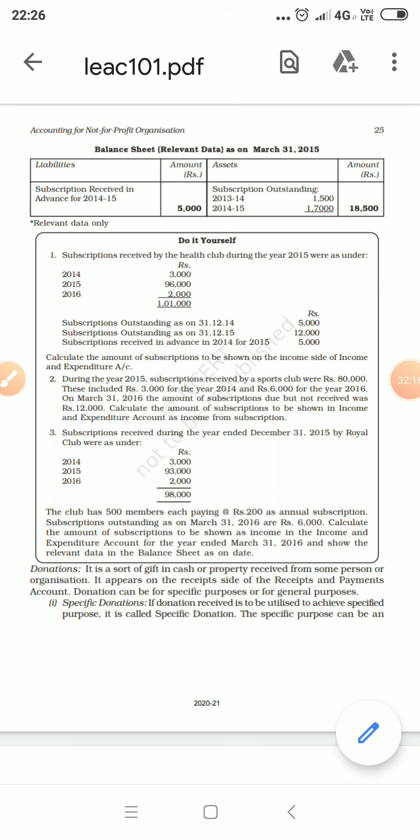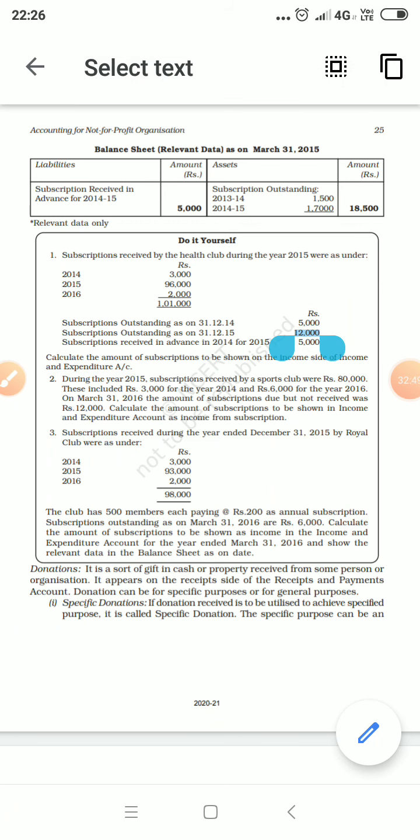Proceeding with the sum. Subscription, what is current year? 2015 is current year. So with a pencil you can write here PY for 2014, CY for 2015 and NY for 2016. Previous year, current year, next year. Subscription outstanding as on 31/12/2014, previous year's outstanding is 5,000. Subscription outstanding as on 31/12/2015, current year's outstanding is 12,000.